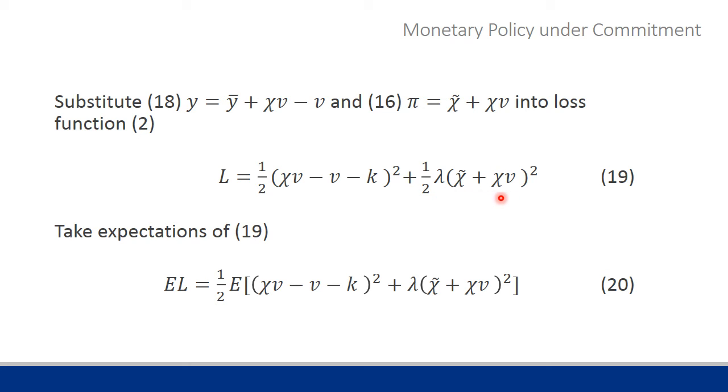But here we've replaced pi with the monetary rule, phi tilde plus phi v. We take expectations of equation 19, and we have the expected loss is equal to half of the expectation of (phi v minus k) all squared plus lambda times (phi tilde plus phi v) all squared.